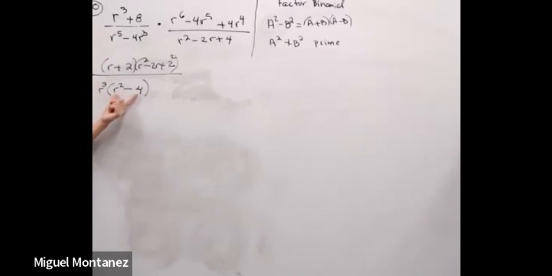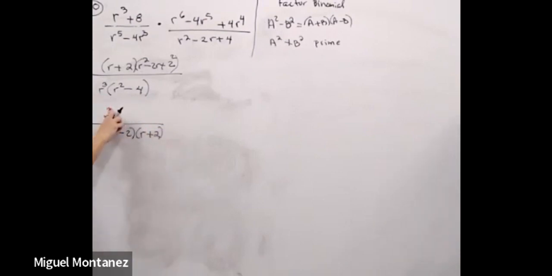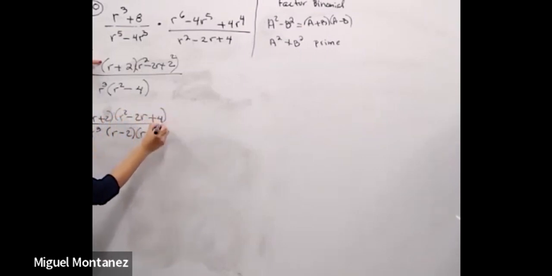This one can still be factored further, because it is still the difference of squares, the first formula: r minus 2, r plus 2. The numerator is r plus 2, r squared minus 2r plus 4.